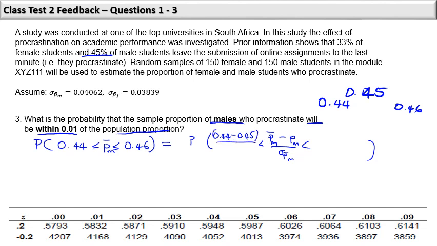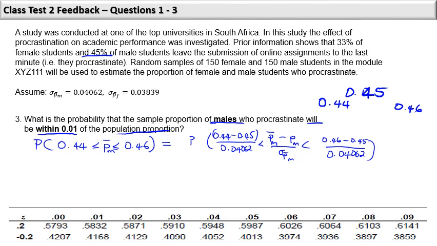All over the standard error of P bar male. And that is 0.04062. Same thing applies to here, 0.46 minus 0.45 divided by 0.04062.